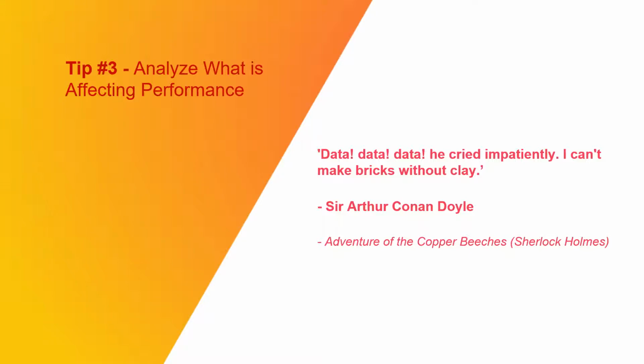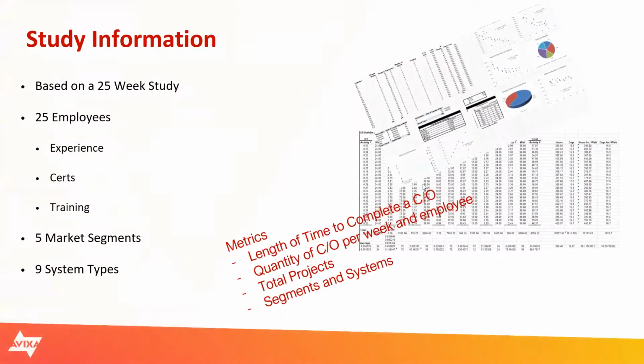With data-driven decision making, it's important that the data that you gather is comprehensive, complete, all of those things. The statement here, Sherlock Holmes says, data, data, data, I can't make bricks without clay. So we need that basis of information. We need that data in order to build what we want to build as far as delivering process improvement or a change.